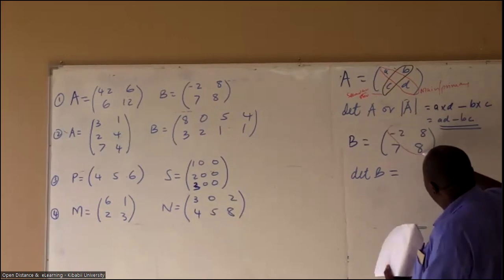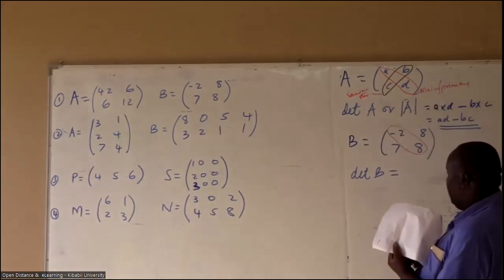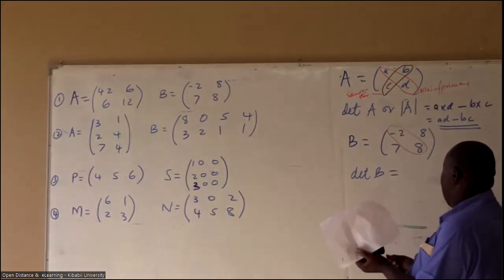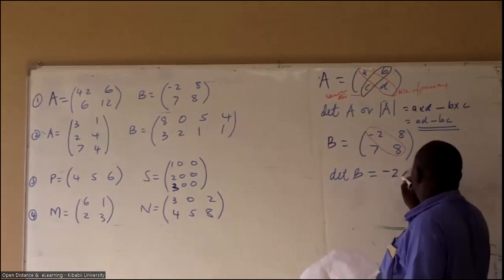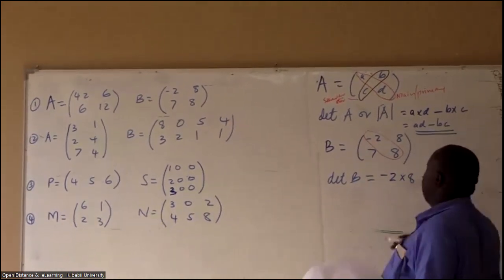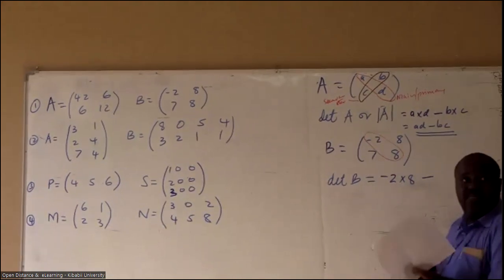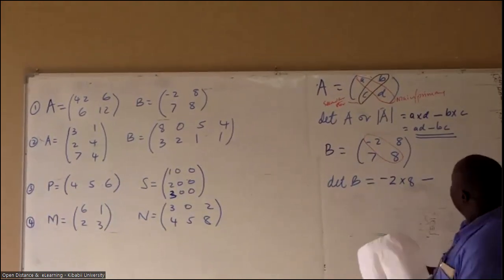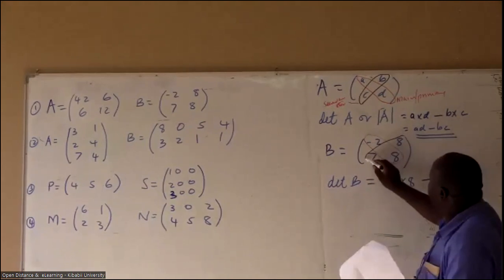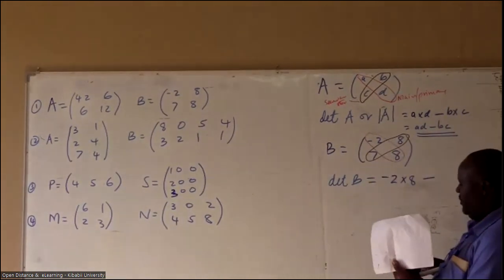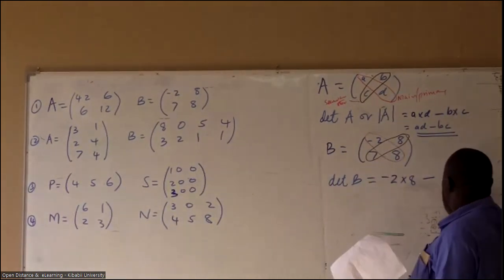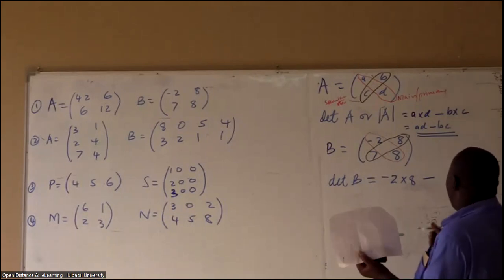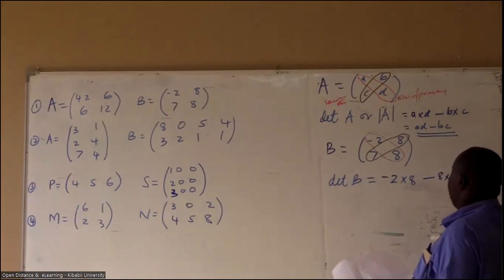This is our main diagonal, which gives us -2 times 8 minus that of the other diagonal. The one I'm indicating in black is the other diagonal, which is 8 by 7.